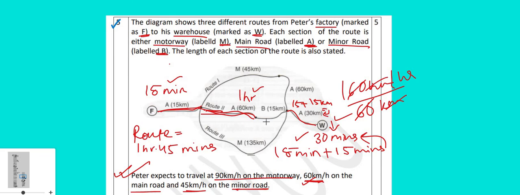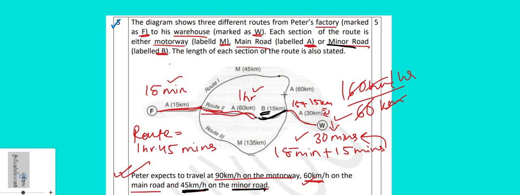Now looking at route B, we will do the same thing here. We will have to calculate the same thing for this one as well. Here we can see that B denotes the minor road. For traveling on the minor road, he took 45 kilometers per hour.